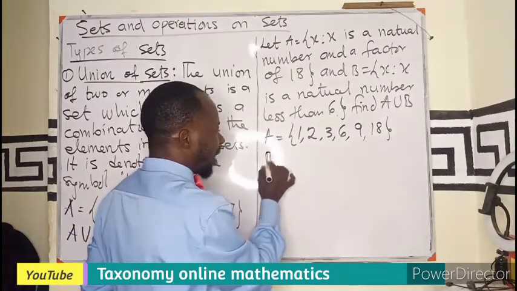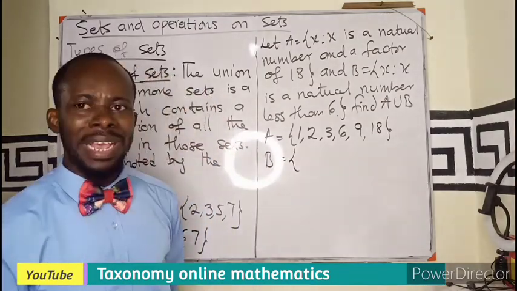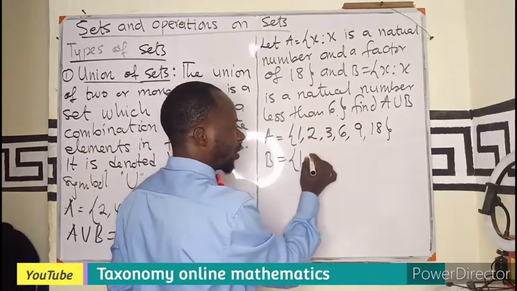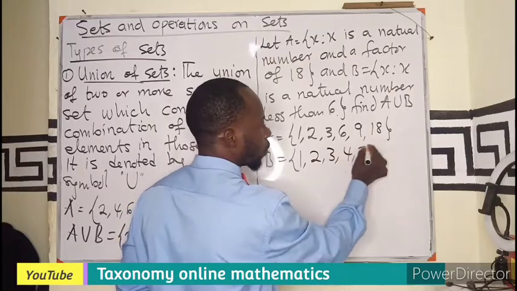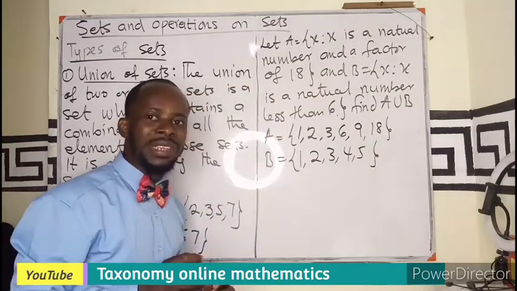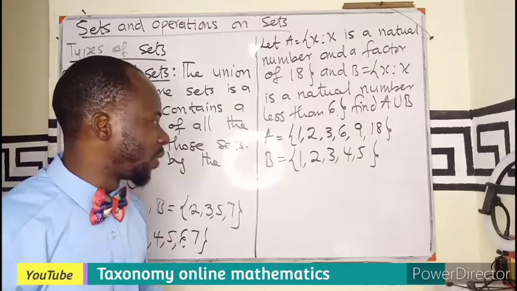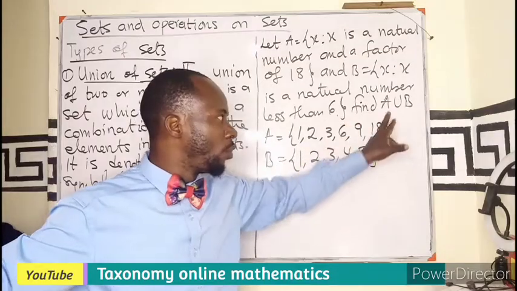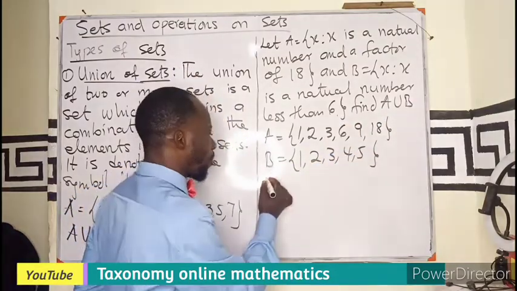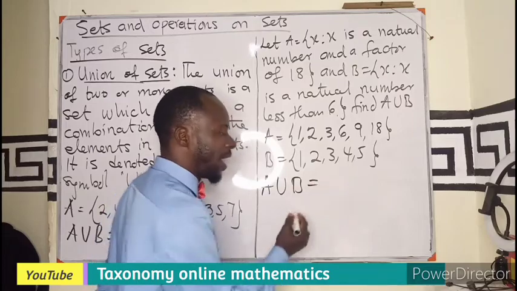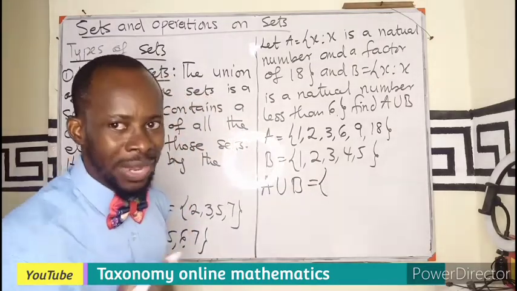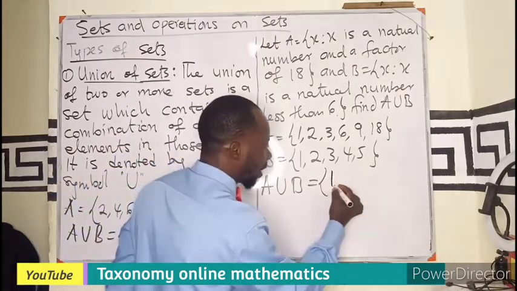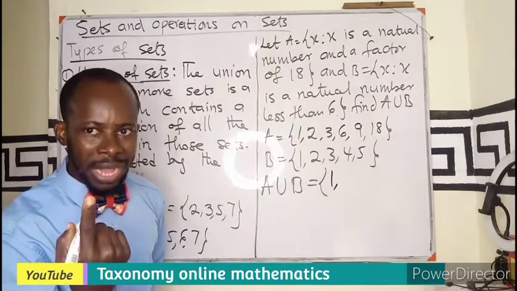Then we have the set B, all natural numbers less than 6. In this case, we start from 1, 2, and so on; less than 6 means 6 is not included in the set. So the question is to find the union of A and B, meaning combining the elements of A and B, writing in ascending order. 1 is the smallest number here, so I have 1; even though it appeared twice, I write it only once.